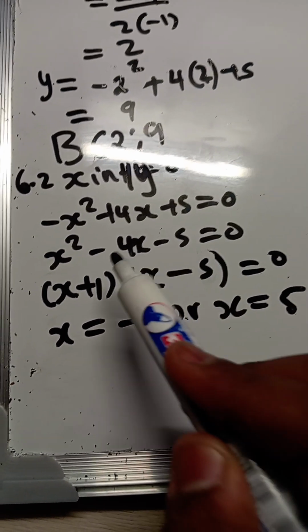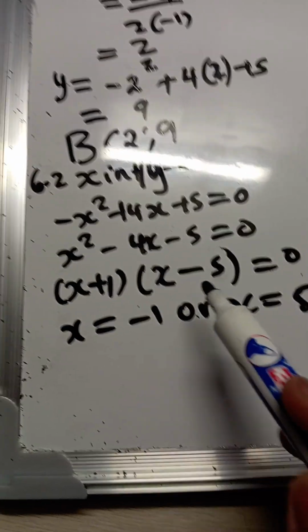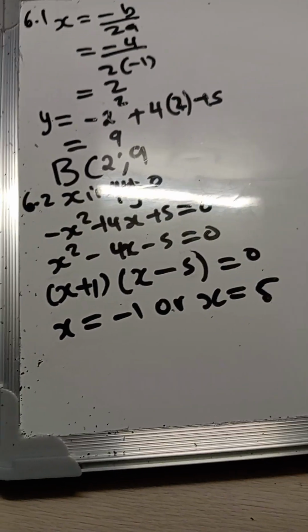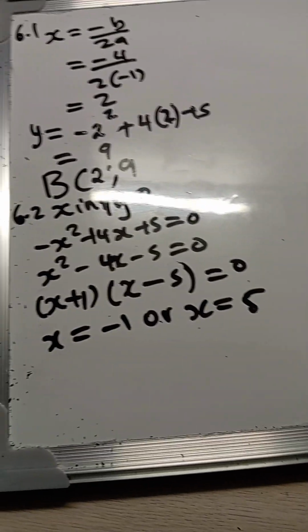So negative 5x plus x is negative 4x, and 1 times negative 5 is negative 5. It is correct. So x equals negative 1 or x equals 5. These are my two x-intercepts. My answers are correct. You can confirm with your calculator.